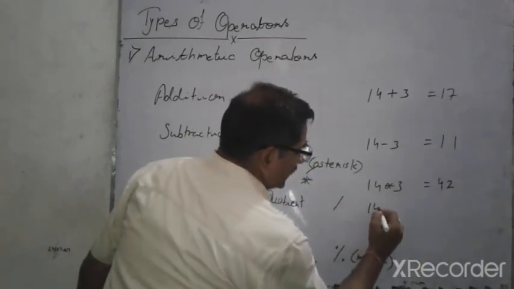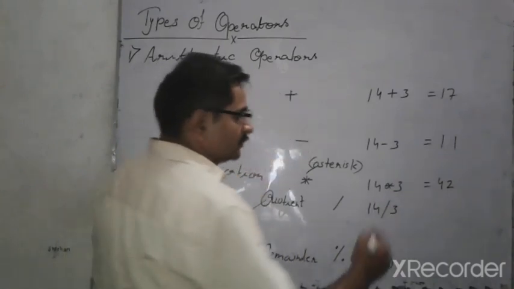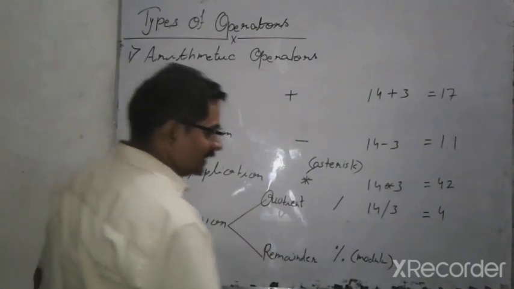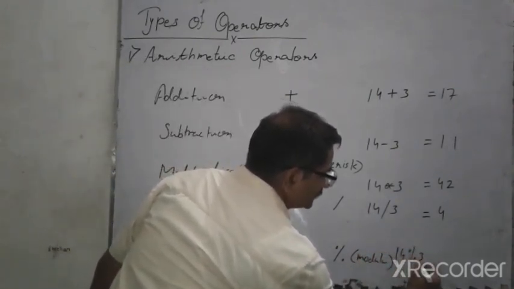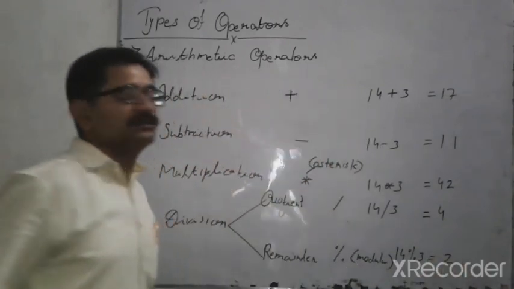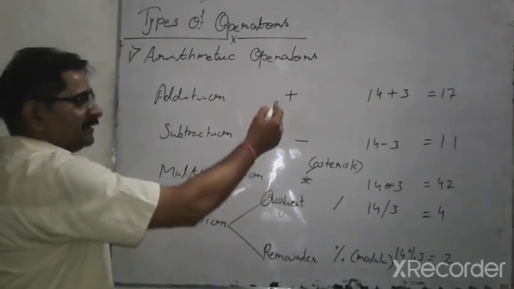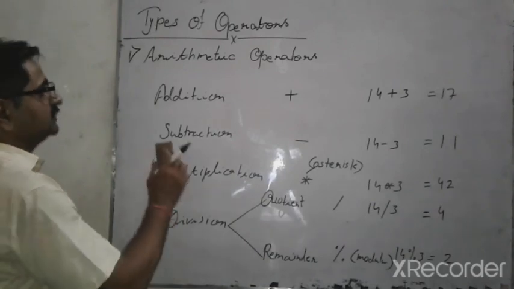Now if we write 14 divided by 3, we get 4, and if we write 14 mod 3, we get the remainder 2. So there are 5 arithmetic operators provided in Java.